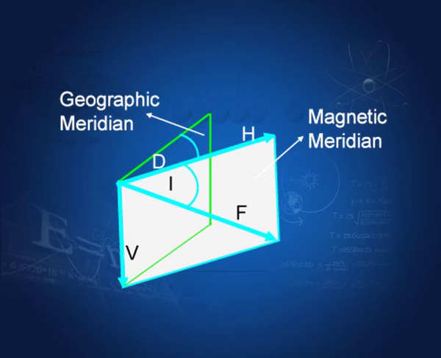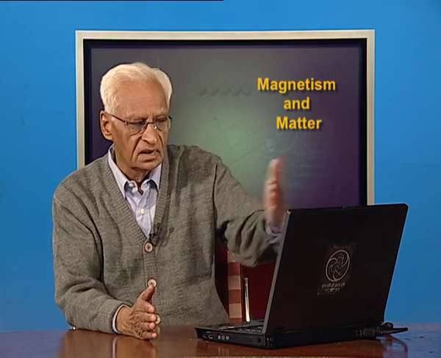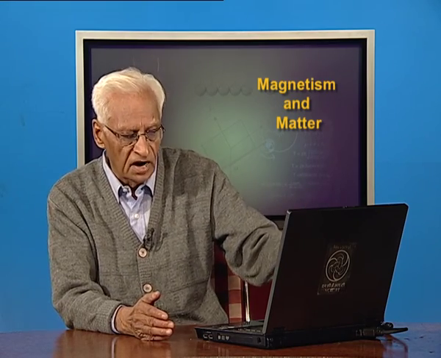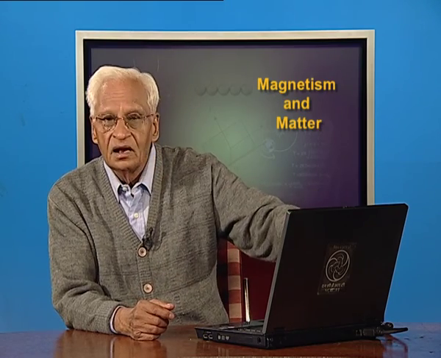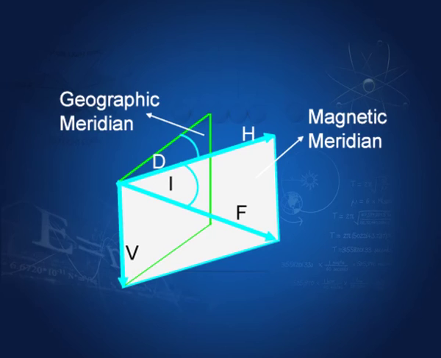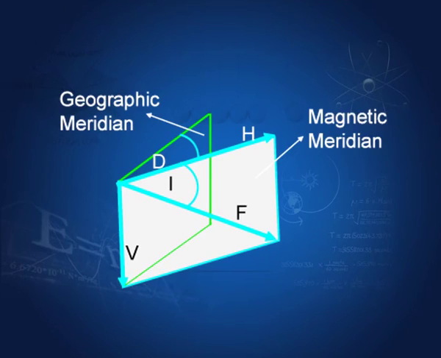So, the three elements at a given place are D, H and I: the declination, the angle between the magnetic meridian and the geographic meridian; H, the horizontal component of the earth's field; and I, the angle between the horizontal component and the total magnetic field. That angle is the dip. The total field is in this direction, and we can resolve it into horizontal and vertical components through this angle I, the inclination.